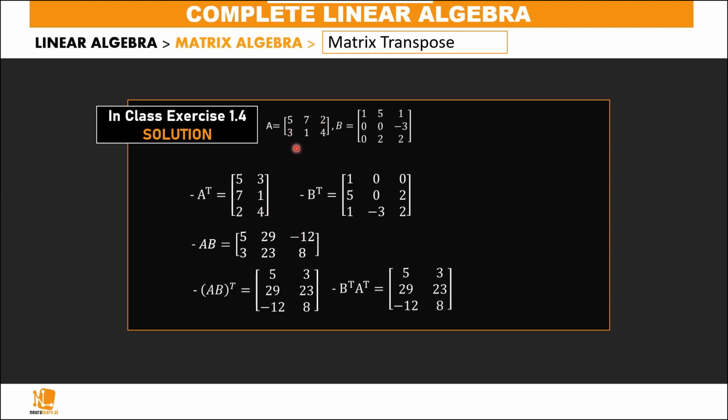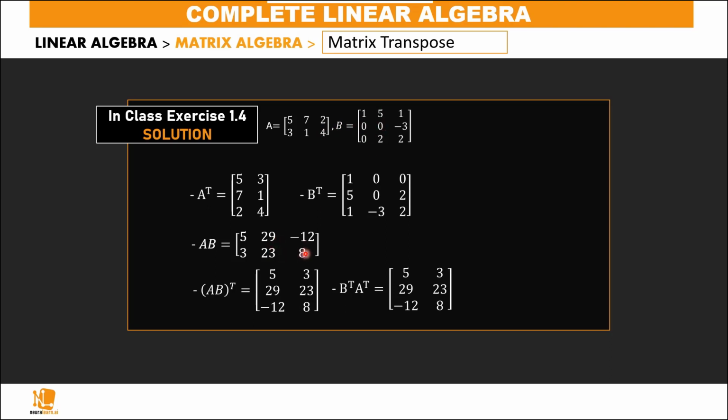Then the element on the second row, first column: 3 times 1 is 3, plus 1 times 0, plus 4 times 0, so we end up with 3. Then the second row, second column: 3 times 5 is 15, plus 1 times 0, so we are left with 15, plus 4 times 2, which is 8. 15 plus 8 is 23.